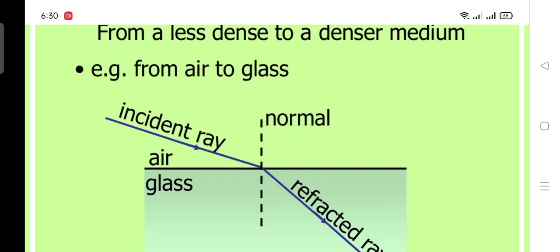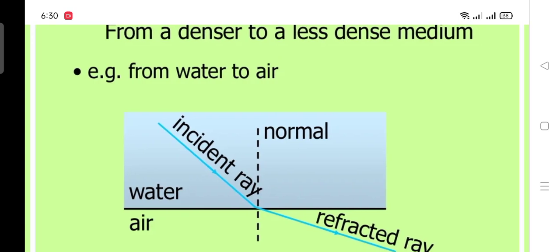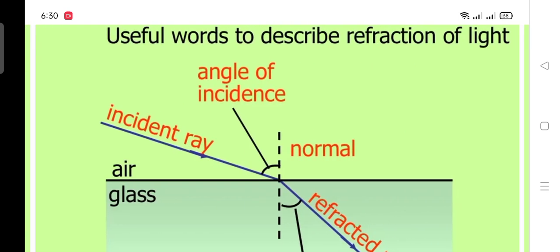So here you can see the incident ray, normal and refracted ray. Here is an example of light moving from the denser to the rarer medium, for example water to air. This is useful for describing the refraction of light: incident ray, refracted ray, normal and angle of incidence.